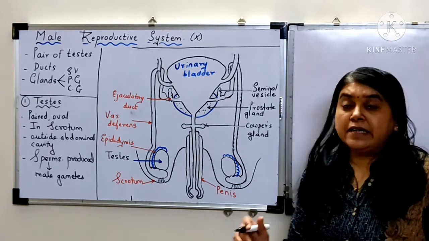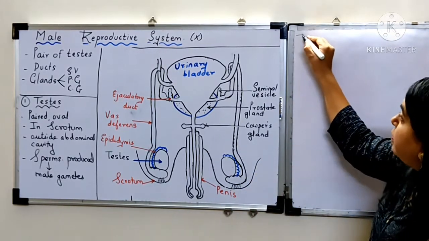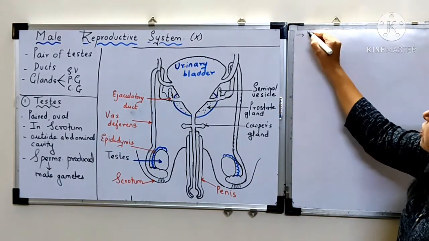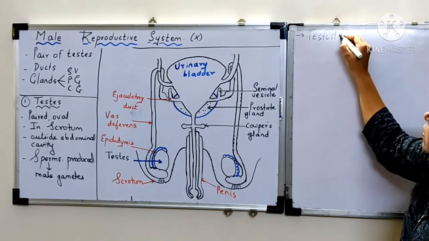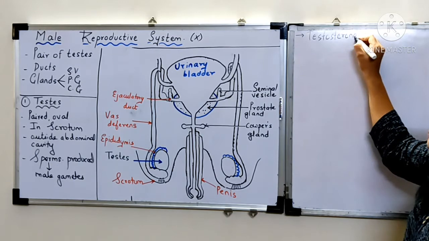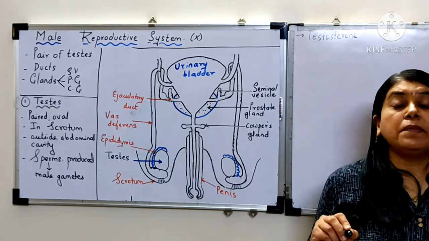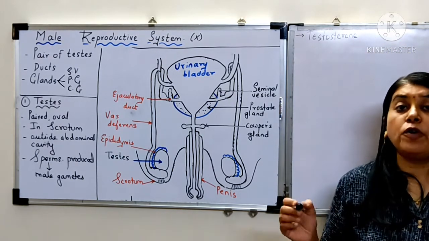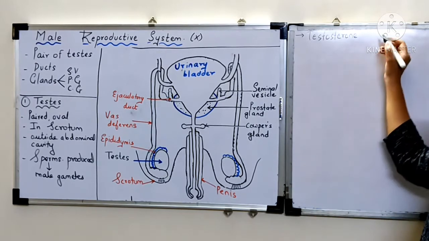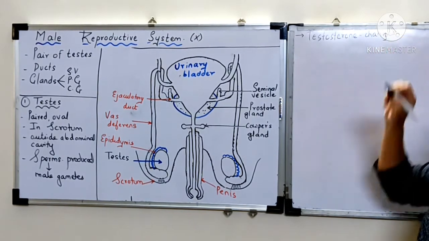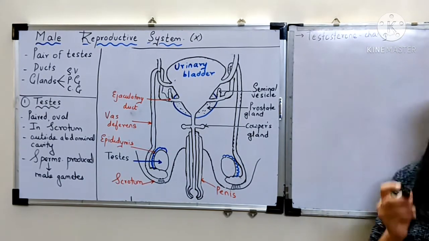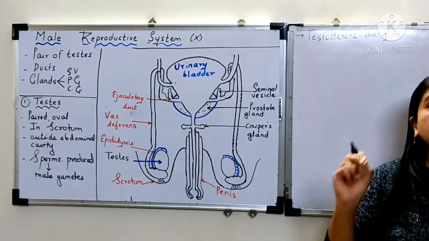So, they produce male gametes, and they produce the hormone called testosterone. This is the male sex hormone produced by the testes, which brings about all the changes during puberty, right? So, these two functions are extremely important.